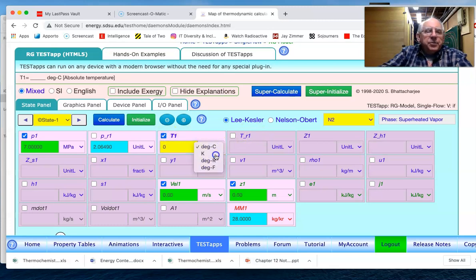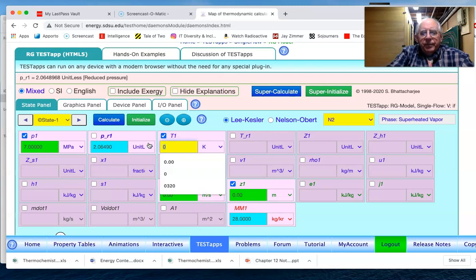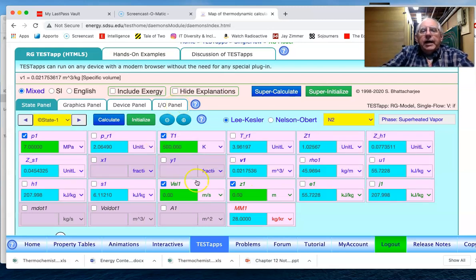In this case, the temperature was designated as being 500. And we see that it calculates a reduced temperature of about 4, which means that the critical temperature is probably about 130 Kelvin. Nitrogen would be a cryogenic fluid at very, very low temperatures.